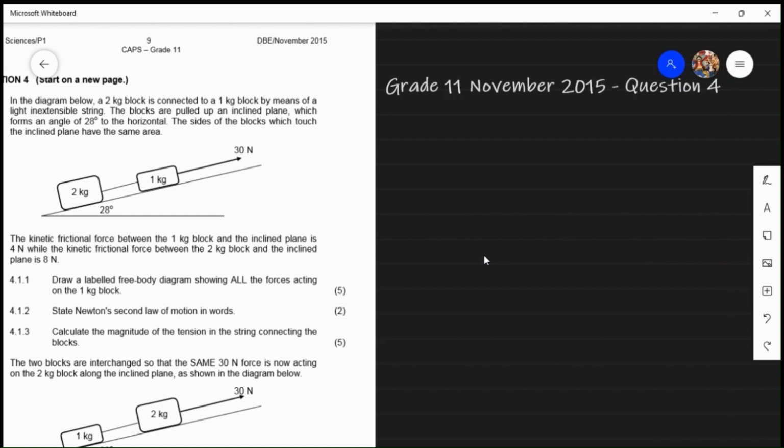kg block. Because we have a mark allocation of 5 marks, this indicates that we need to show 5 forces that are acting on the 1 kg block. The mark allocation indicates how many forces you need to display, so use that as a guideline.